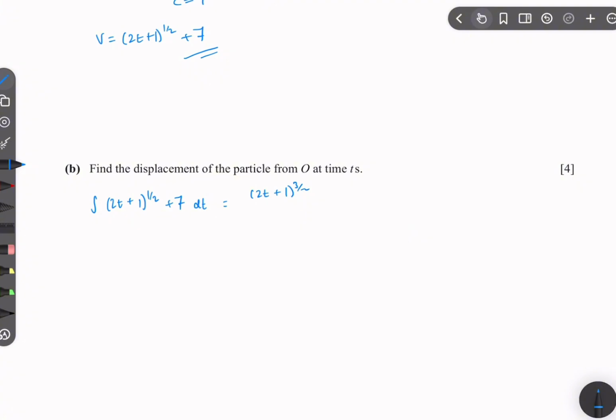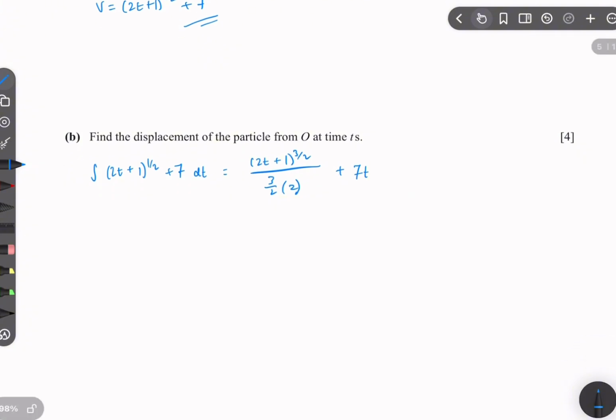You just add 1 to the power and then divide by the power and the differentiation of the value inside. And then 7 will become 7t after you integrate. Add the constant.